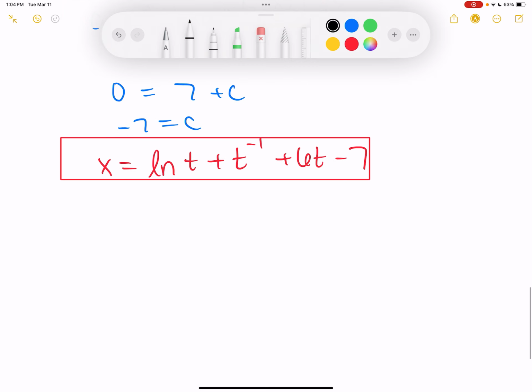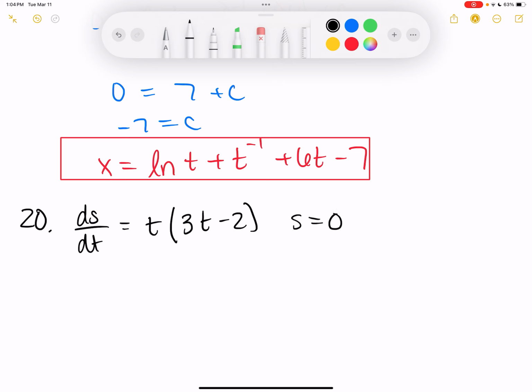This next one is a good one. ds dt equals t times 3t minus 2, s equals 0 when t equals 1.